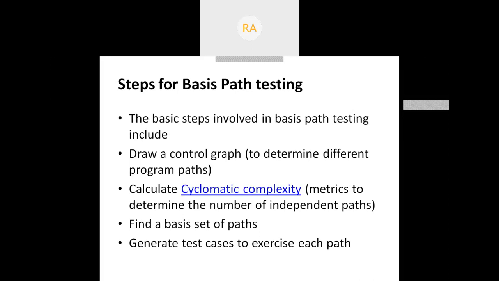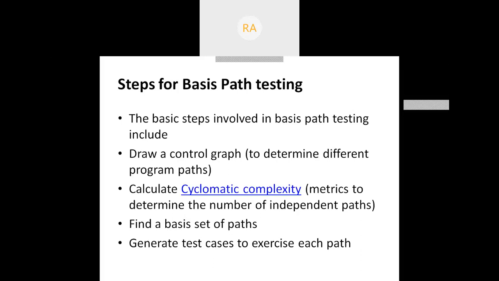After that, how can I apply the basis path testing? First and foremost, you have to draw the control graph as per the code snippet given to you. With the help of the control graph, you will determine different paths available in the source code.